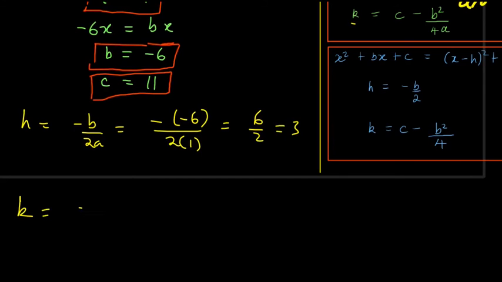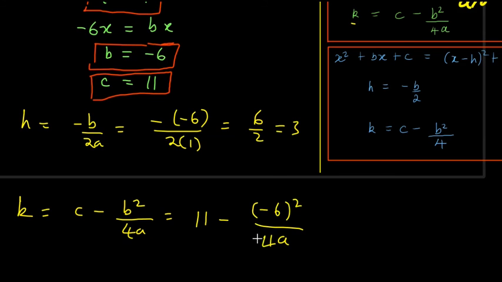We also calculate the value of k. The value of k is c minus b squared over 4a, which is 11 minus b squared over 4a, for which a is 1, right? So it's 11 minus 36 over 4, which is 11 minus 9, which is 2, right?